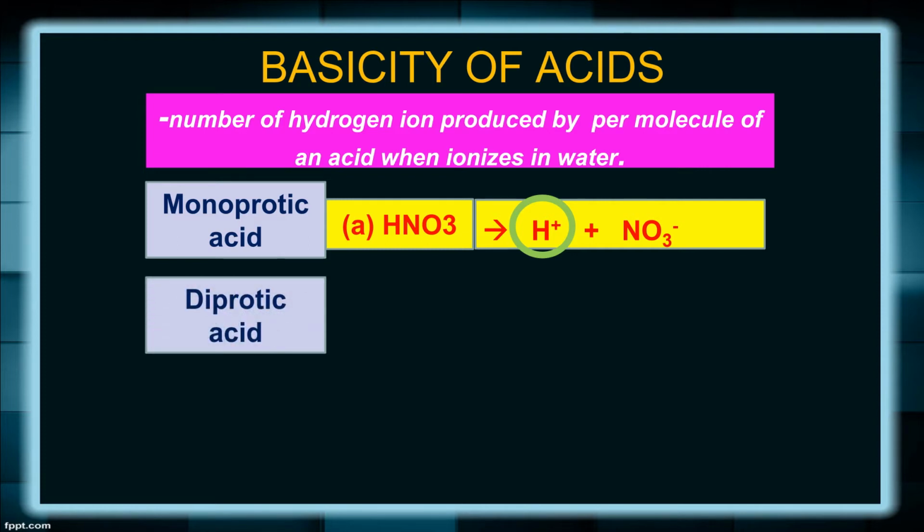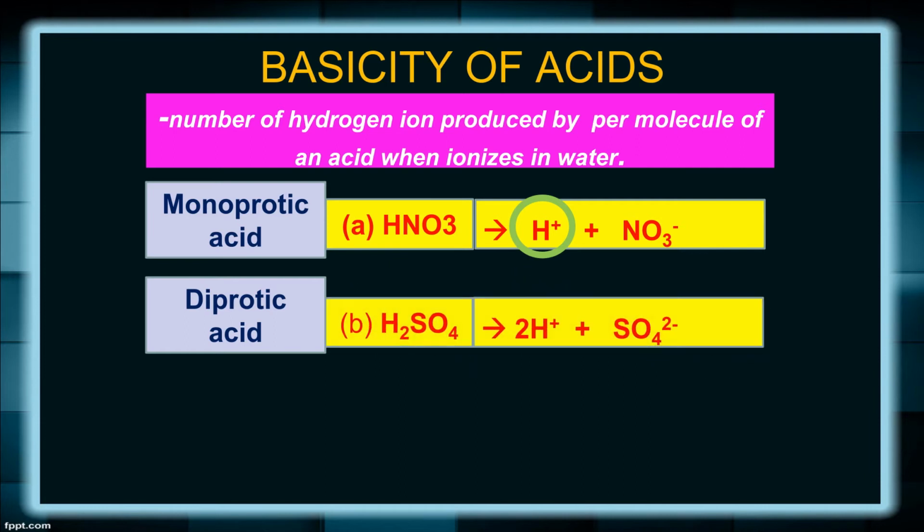Next, diprotic acid. Example, sulfuric acid. So let's look at sulfuric acid ionization. 1 mole of sulfuric acid ionizes into 2 mole of hydrogen ion and 1 mole of sulfate ions. Thus, diprotic acid produces 2 mole of hydrogen ion per molecule of an acid.